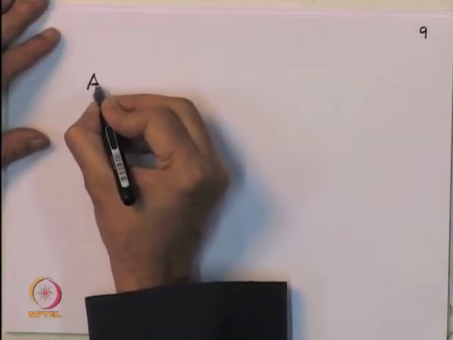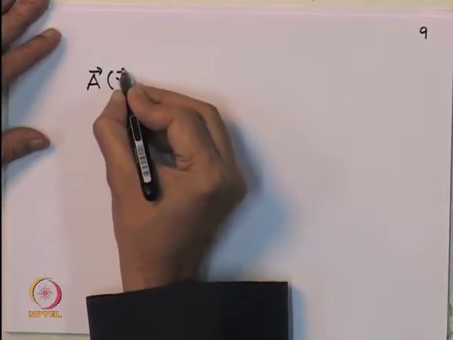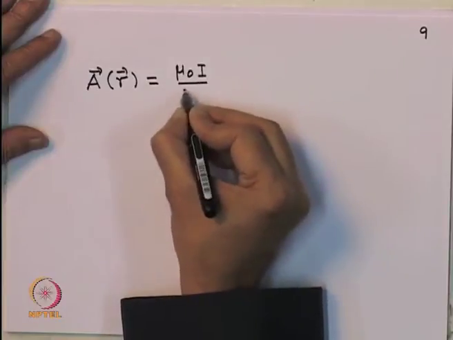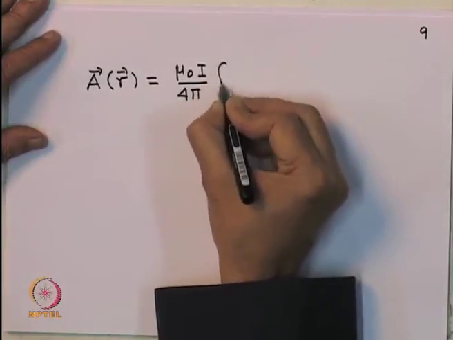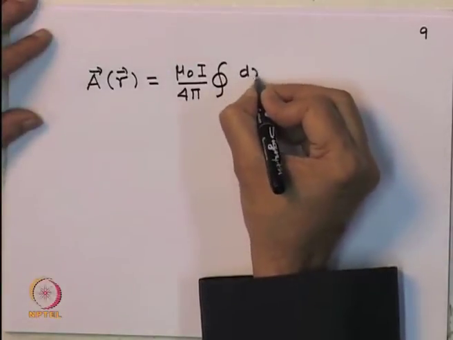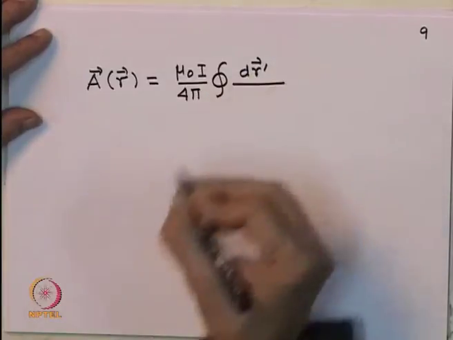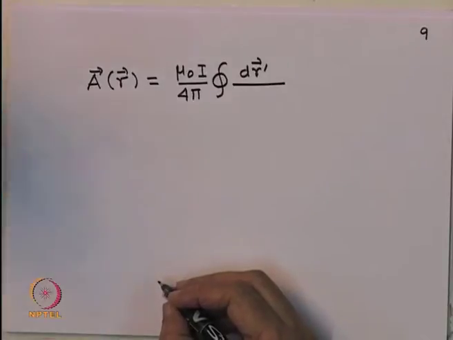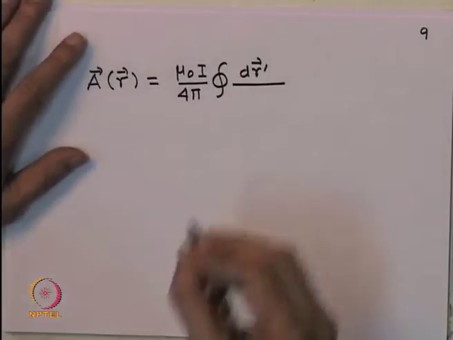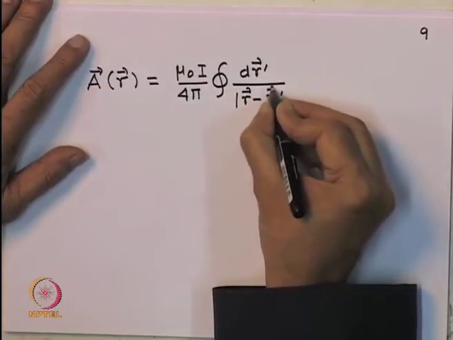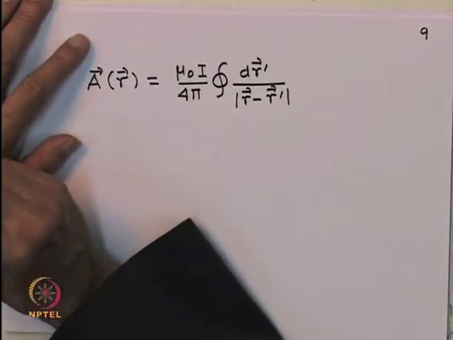So, let us return back to the expression of the vector potential at a position r, which is given by mu 0 I by 4 pi integral of dr prime. Remember, according to our usual convention, the primed quantities are the source, that is where the current is flowing, and the unprimed quantity, namely r, is the position at which I am calculating the vector potential or magnetic field.